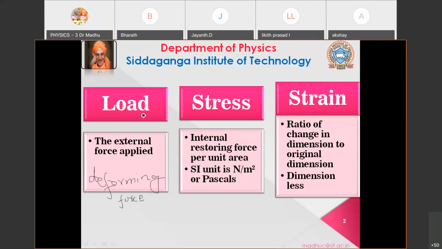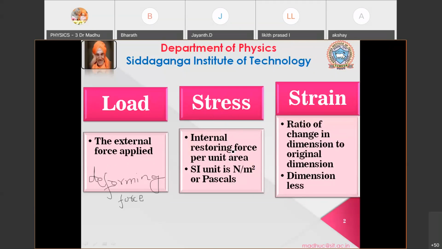Then what is stress? Once you apply some external force, the material, for example a rubber rod or a stainless steel rod, will exert some force against the applied field.